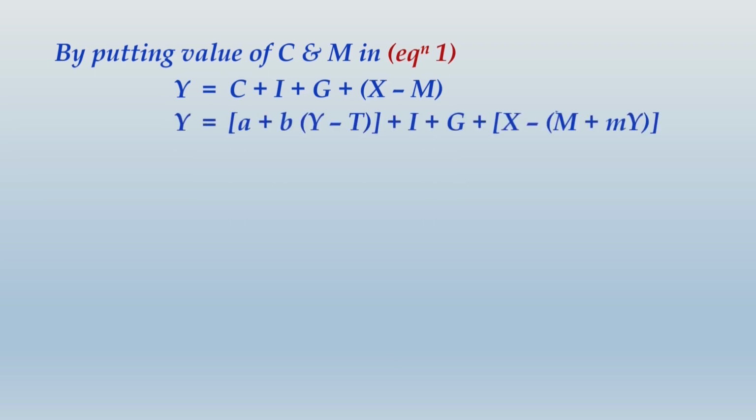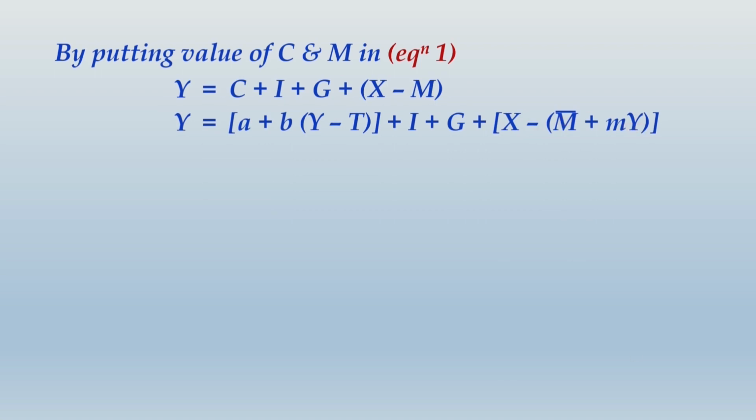So Y will be: instead of C, we have written A plus B into (Y minus T), plus I plus G remaining as it is, plus (X) remaining as it is, and instead of minus capital M, we have taken minus within brackets (M bar plus M into Y).